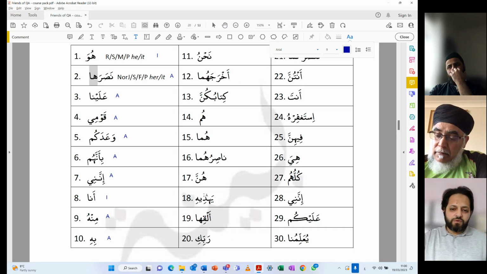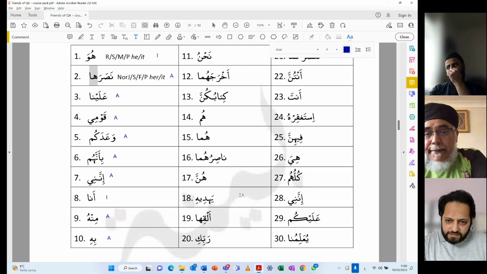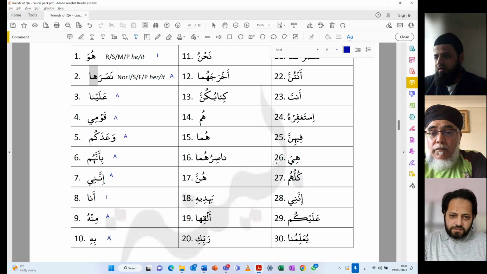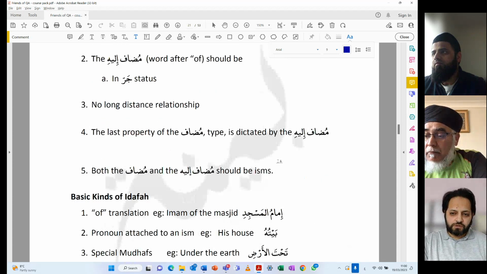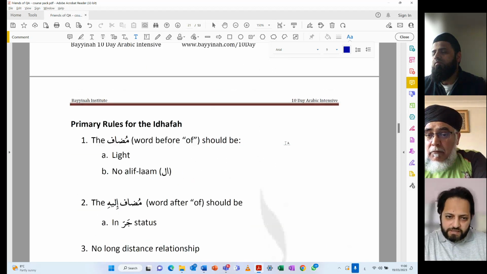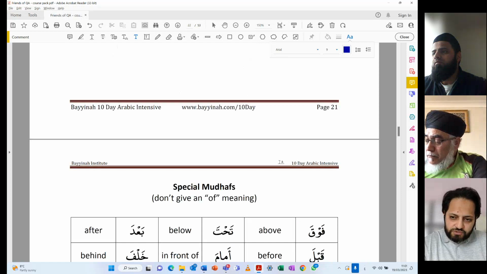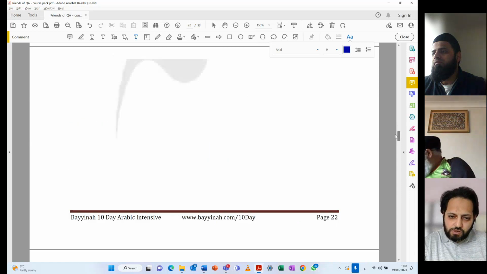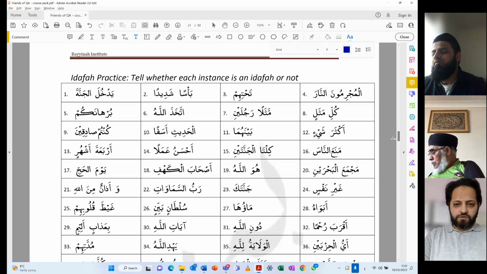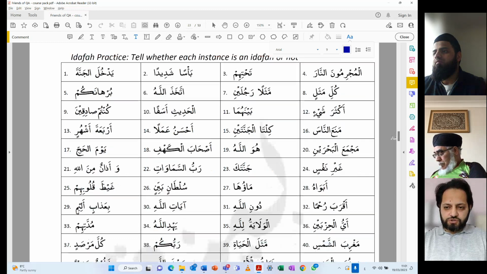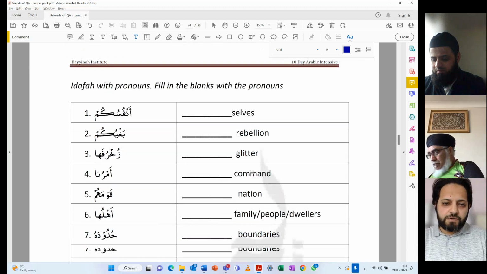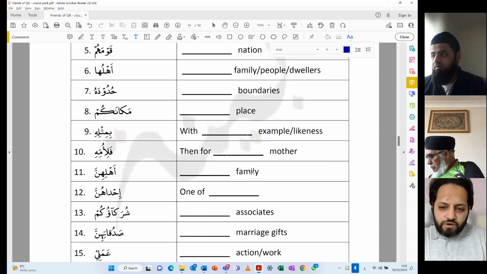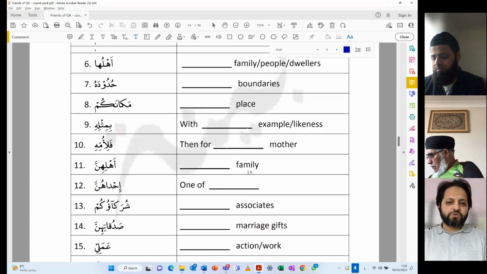So I would request you to please complete this exercise as your practice, and also attempt another one. That was page number 20, and another one is on page number 24.